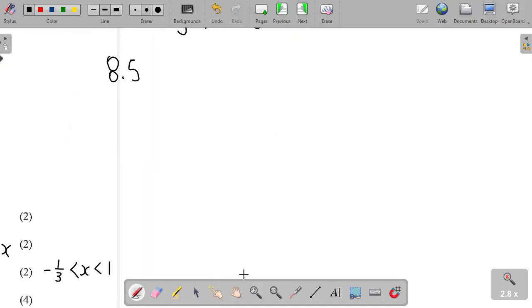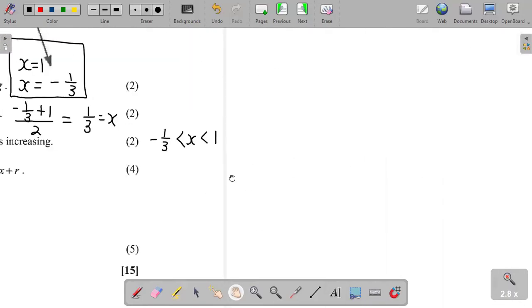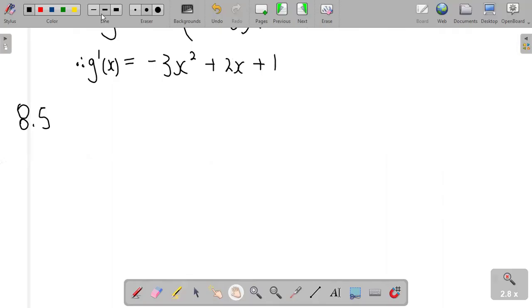So now they gave us what? g passes through the point. So we can know that g of x plus 1 will be equal to, so we write g of x plus 1.